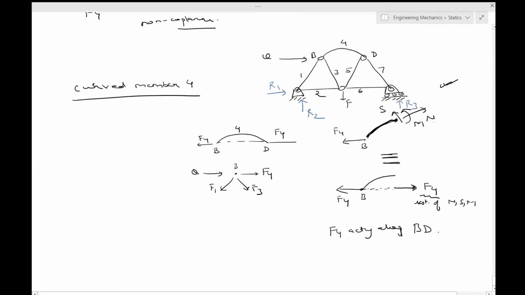This force F is given, and this P is given. Now the question is that you want to find R1, R2 and R3, and they can be found, say, using the sum of moments about A, Z equal to 0, Fx equal to 0, Fy equal to 0 for the whole truss.